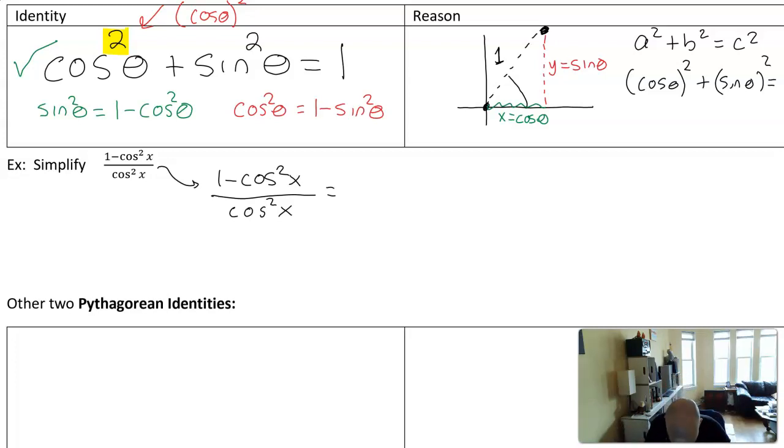Well, 1 minus cosine squared x is, where is it? Right here. That's equivalent to sine squared x. So I'm going to directly substitute based on that identity in green. Directly substitute sine squared x for the entire expression 1 minus cosine squared x. And I'll rewrite the bottom.